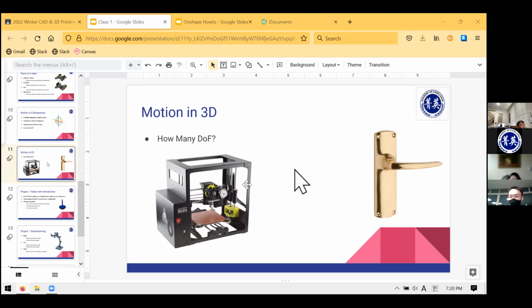All right. Last object, probably the most mechanically complicated one here. Any takers for the 3D printer? And if you don't want to say how many there are, maybe just start by saying what degrees of freedom it does have. What is a 3D printer able to do in terms of movement?